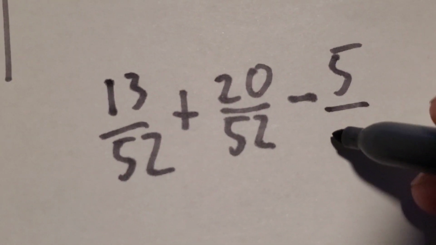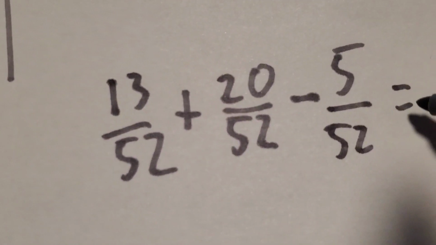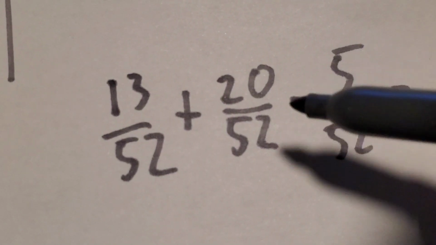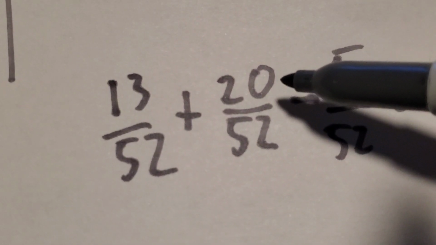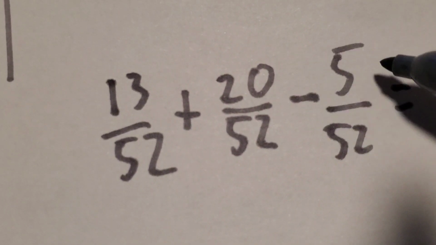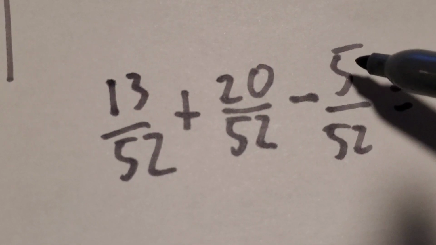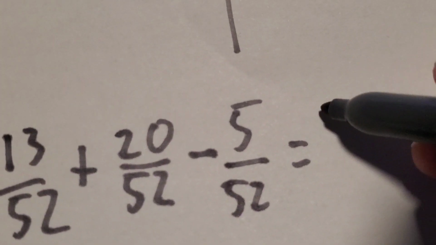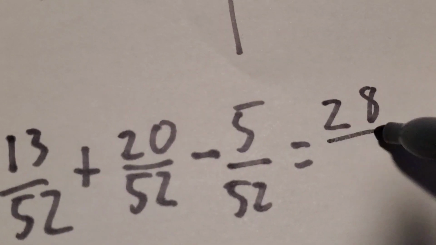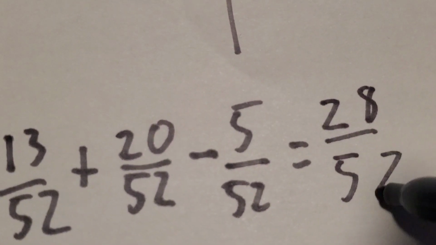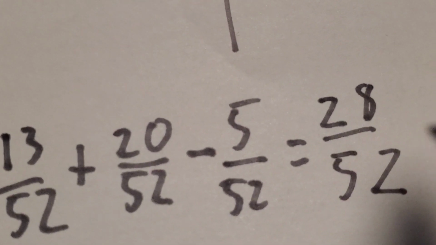So it's 5 over 52, which will get us 13 plus 20, we have our 33, but subtracting by 5, that's going to give us 28 over 52.